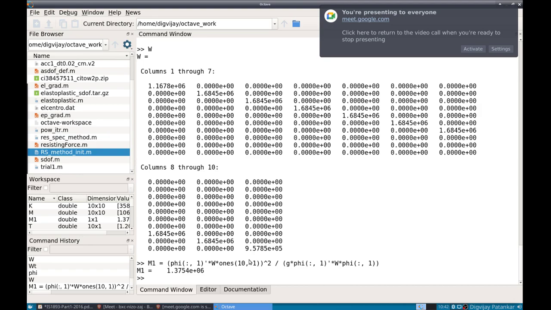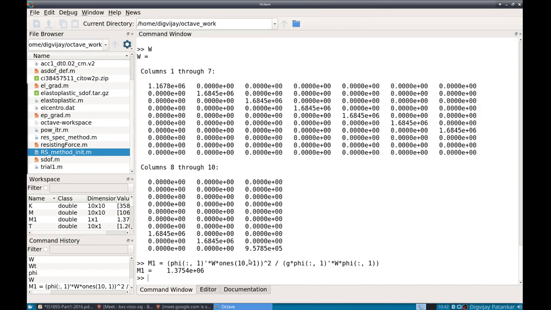Anybody found out M2? Sir, copy the above expression and make change.